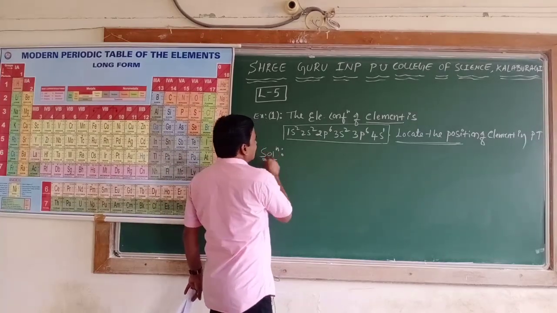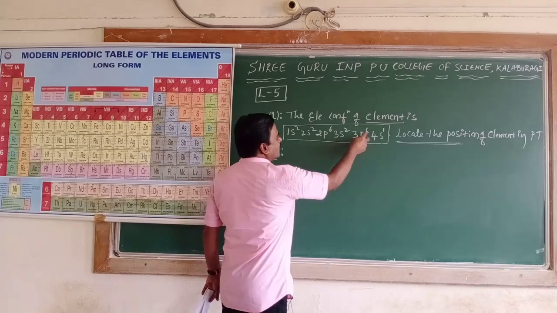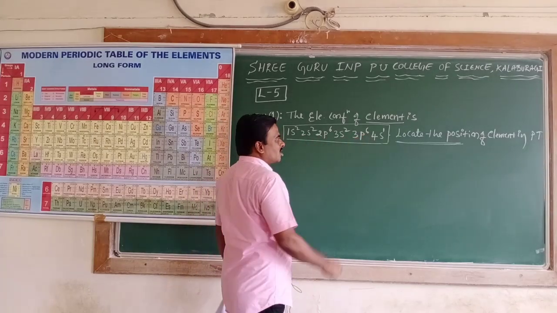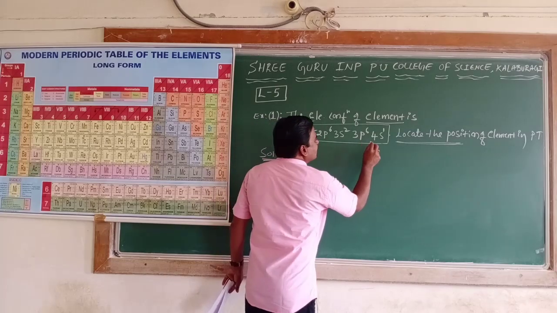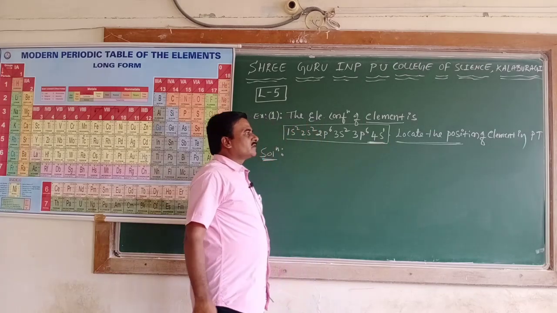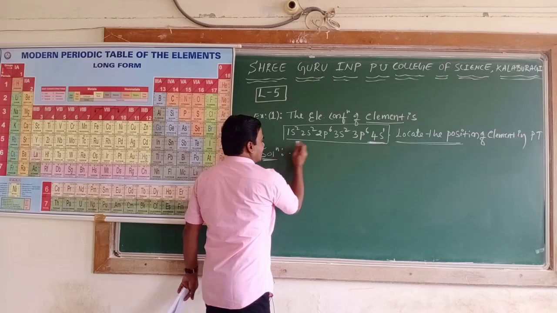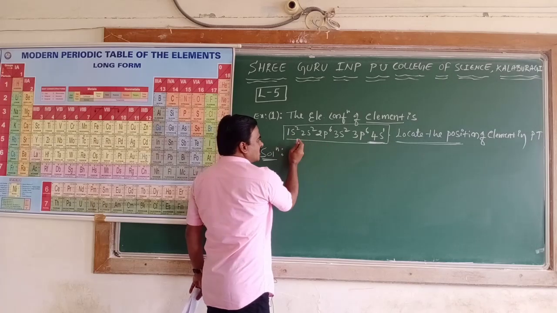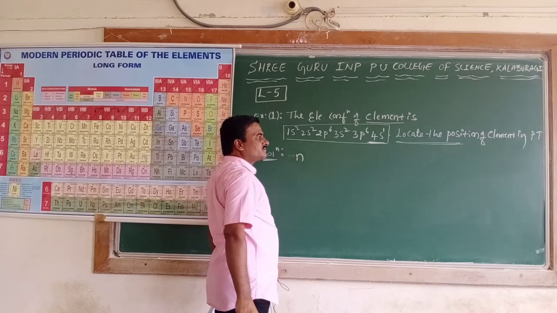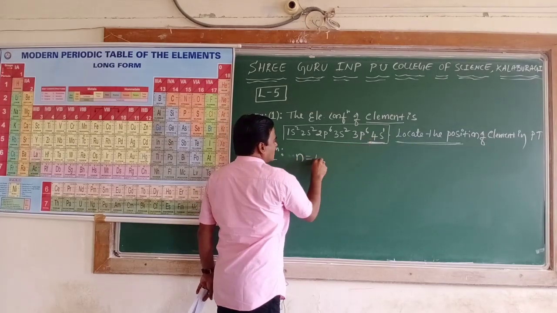Now, the electronic configuration is 1s2, 2s2, 2p6, 3s2, 3p6, 4s1. So, what is the principal quantum number n of the valence shell? I can write directly, principal quantum number n of the valence shell is 4.